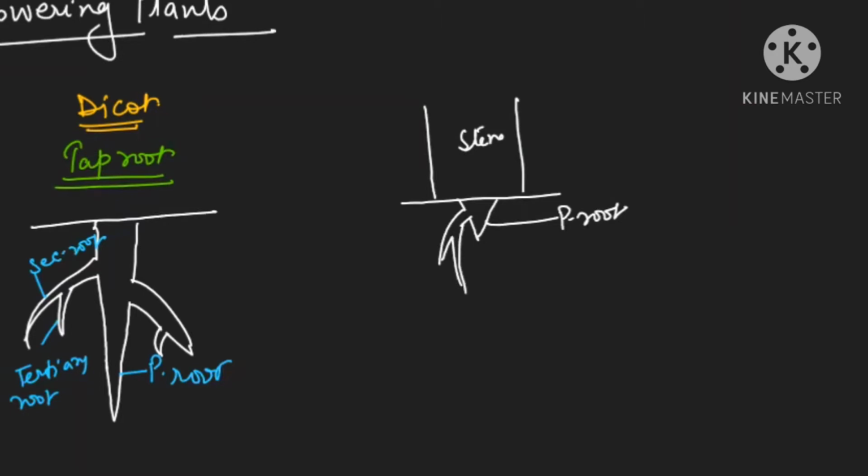The primary is short-lived and slowly what we will find is that they are giving an appearance as if they are coming from the base of the stem. Finally, we are finding that the roots are coming from the base of the stem and the primary root is short-lived. Let me highlight it with a different color. This is the primary root which is short-lived and then your secondary root is coming. Okay, this is your secondary root and tertiary root, all are coming and finally we are finding that now the roots are coming from the base of the stem.